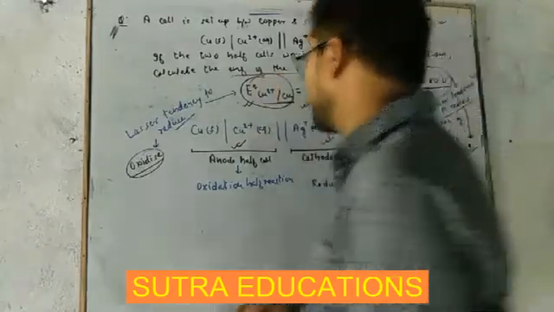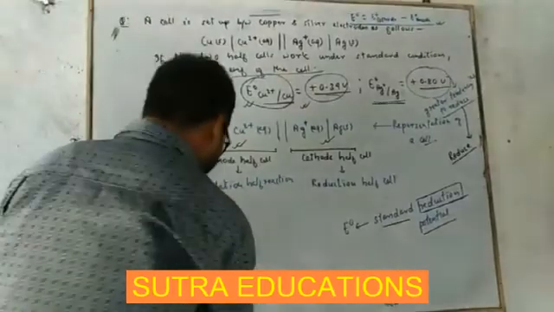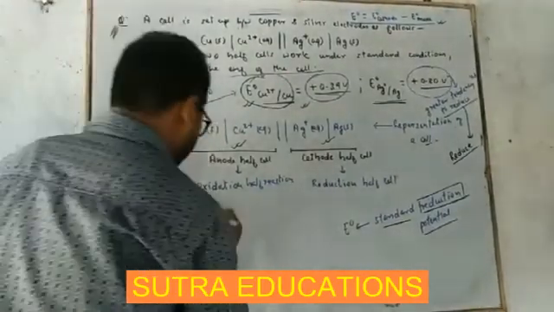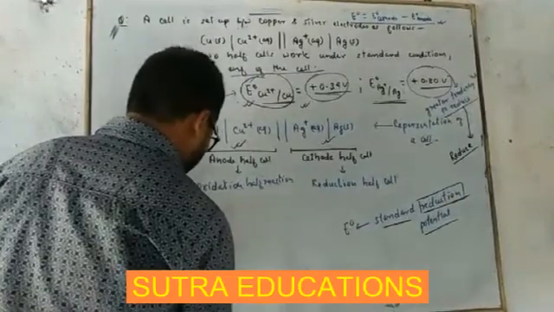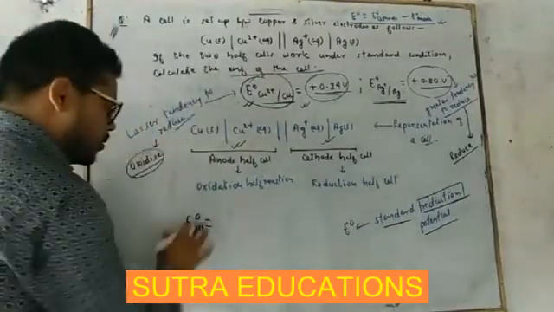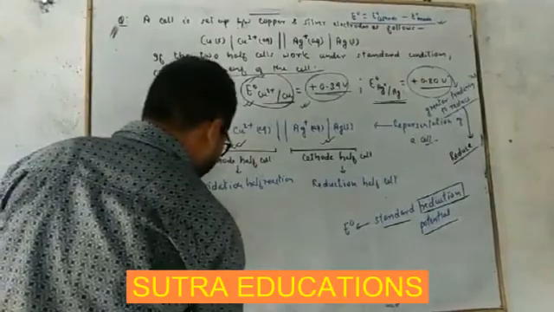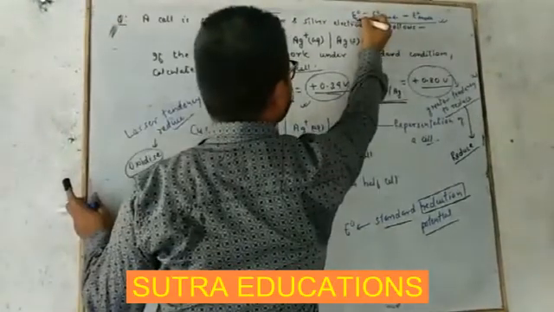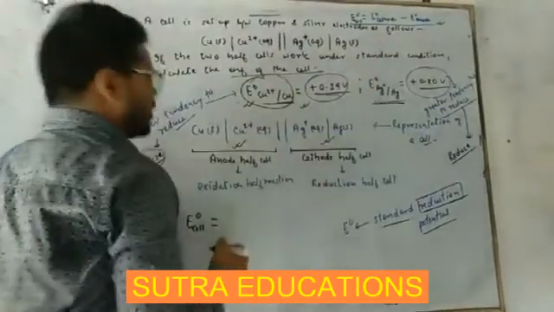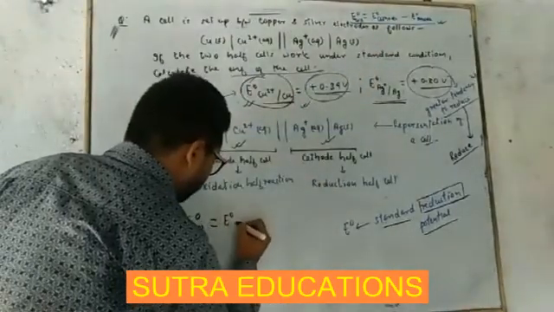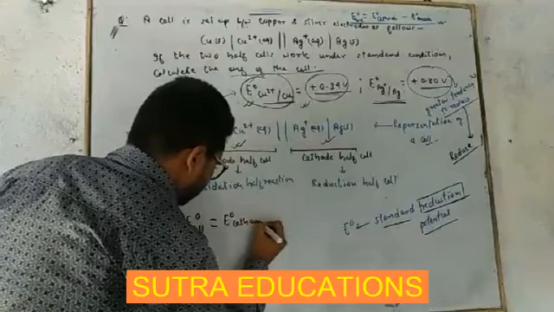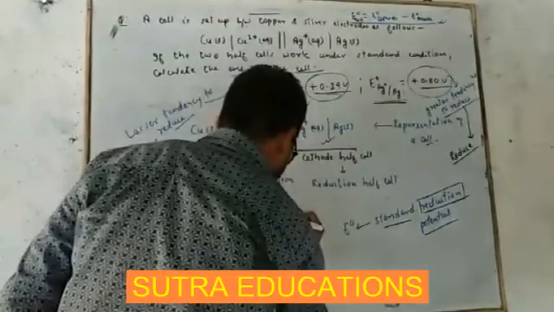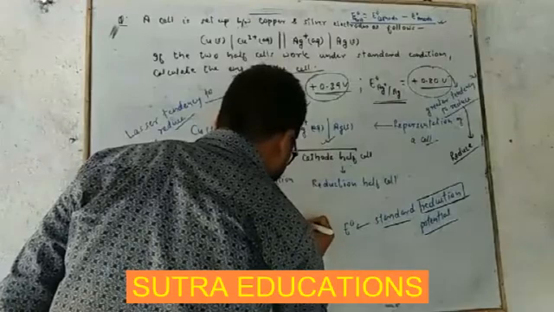Very simple. EMF of the cell means E naught cell. Standard EMF of the cell is equal to E naught cathode minus E naught anode.